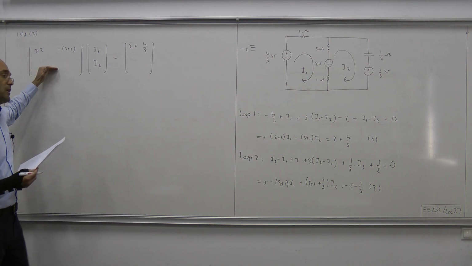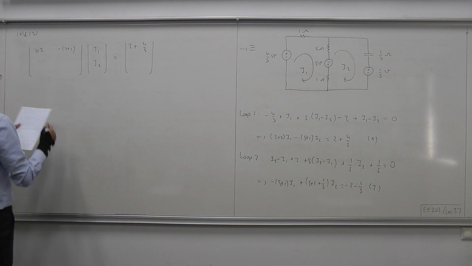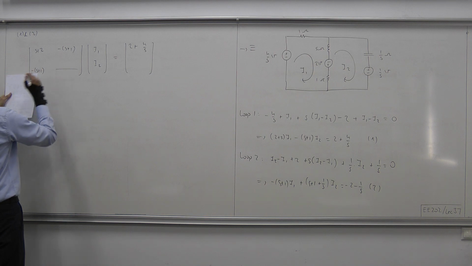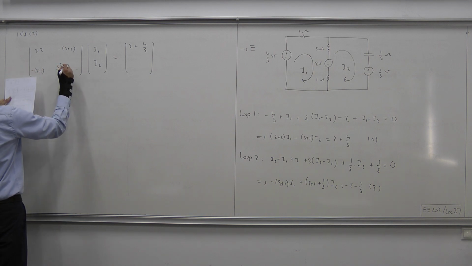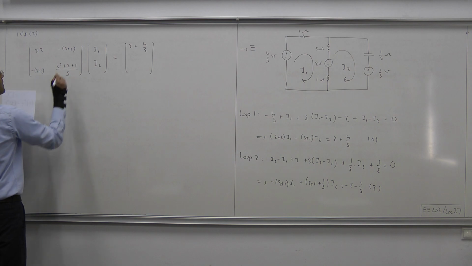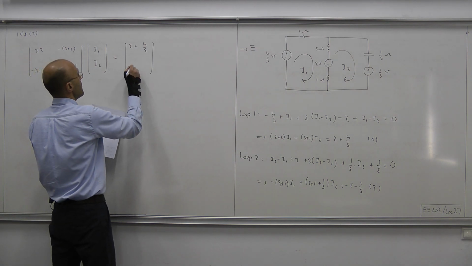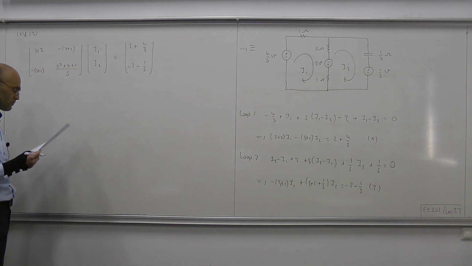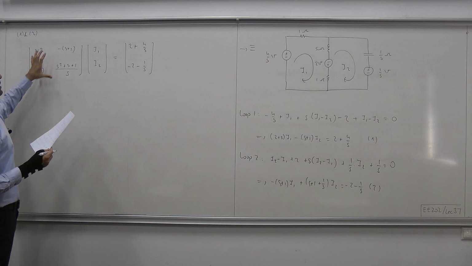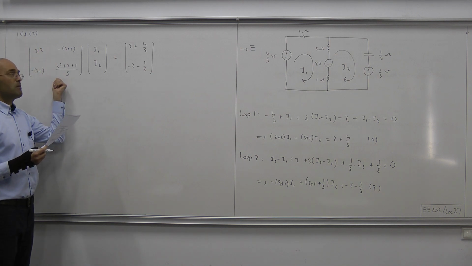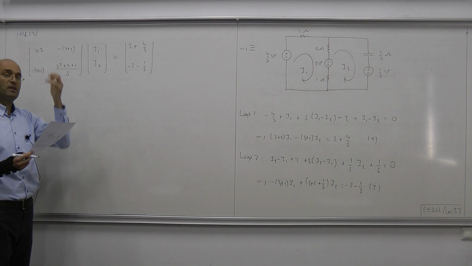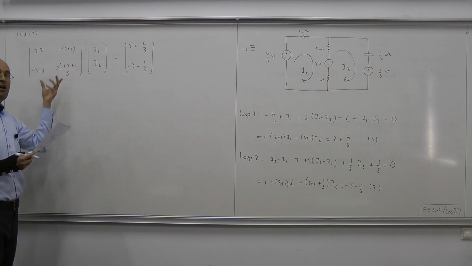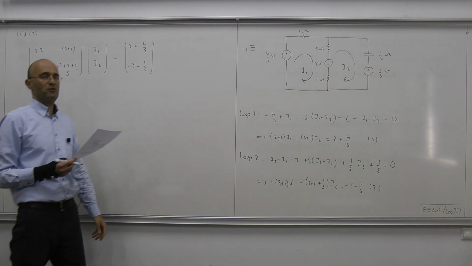For the second row, we look at the second equation, which is minus (S plus 1). And here we have a second order term, (S squared plus S plus 1) over S. And the right-hand side is minus 2 minus 1 over S. Now, note that this matrix multiplying our vector of unknowns, the mesh currents, is the S-domain representation of our mesh impedance matrix in time domain.